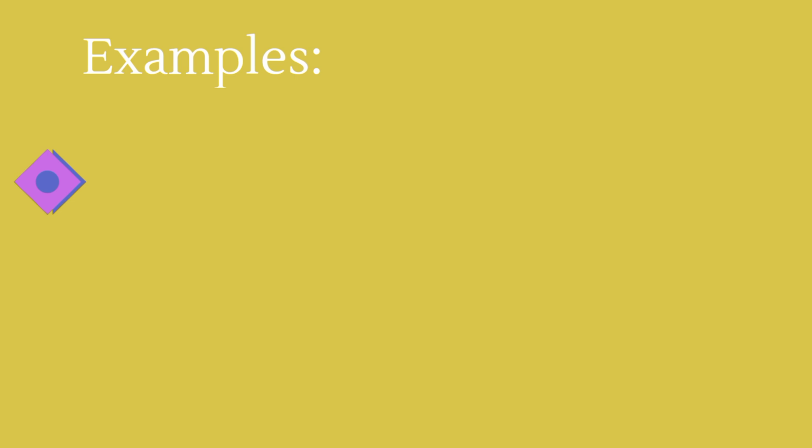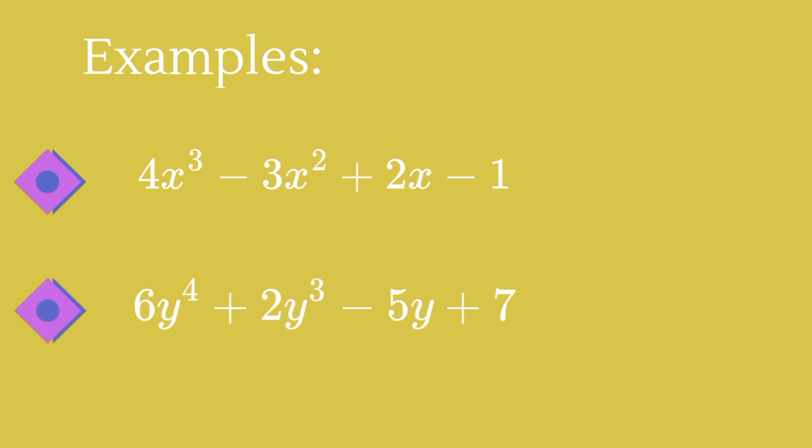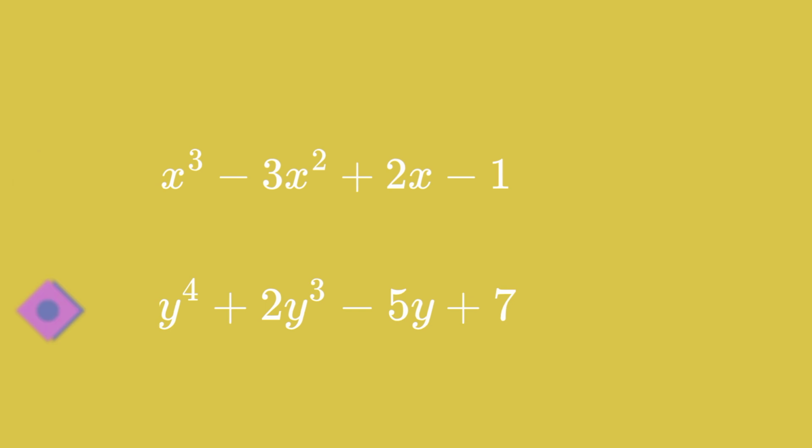Here are some examples. 4x³ − 3x² + 2x − 1, a polynomial with 4 terms. 6y⁴ + 2y³ − 5y + 7, a polynomial with 4 terms including a constant term. Polynomials are fundamental in algebra, used for everything from factoring to solving equations and graphing. These are algebraic expressions where only non-negative integer powers of variables are involved.